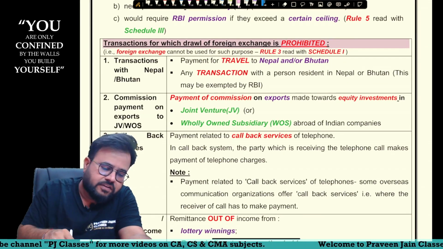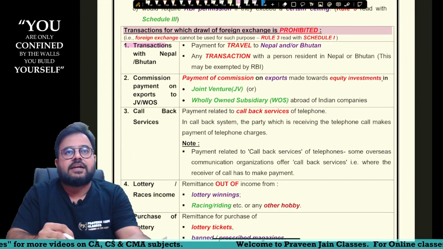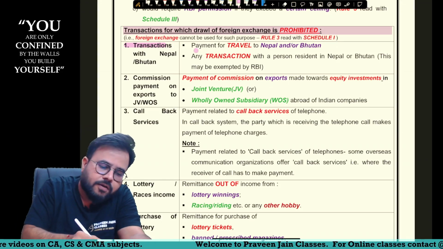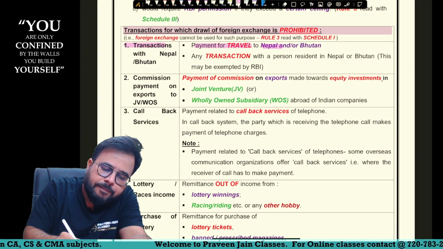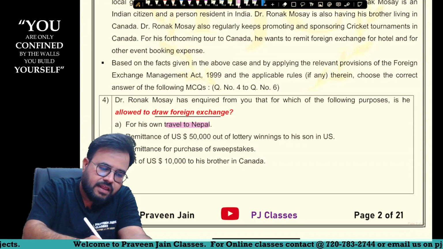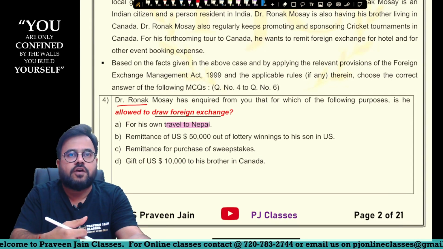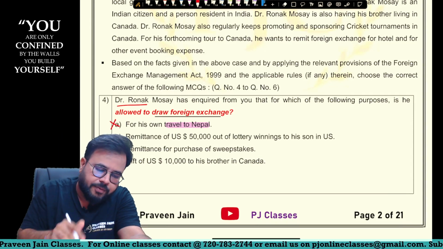Drawing of foreign exchange for these transactions is not allowed. In it, the first item you can observe is transactions with Nepal or Bhutan. So payment for travel to Nepal or Bhutan is prohibited. In other words, can Dr. Ronak use foreign exchange for this purpose? The answer is no, prohibited, sir.